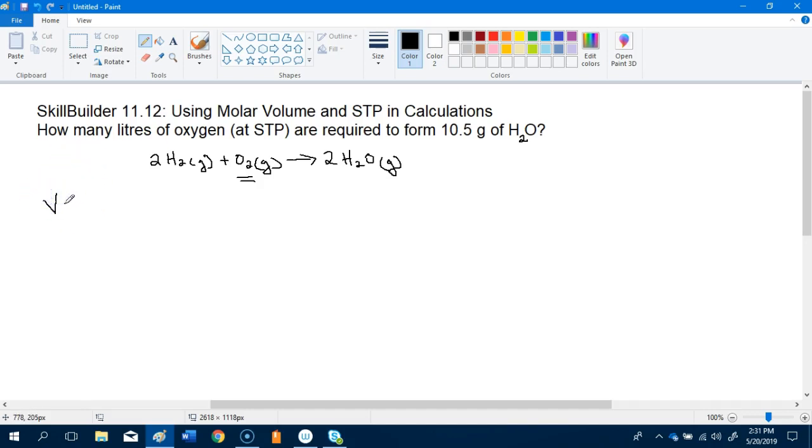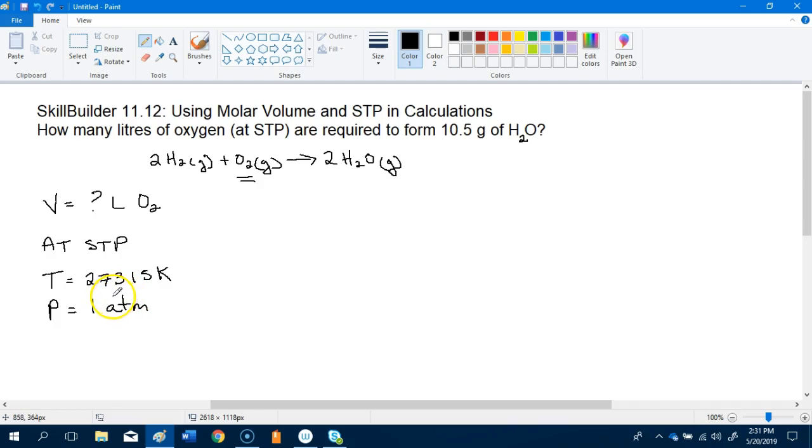We're looking for the volume in liters of our oxygen gas, and we're doing that at our standard temperature and pressure. So that means our standard temperature is always 273.15 Kelvin, and our standard pressure is always going to be 1 atmosphere.